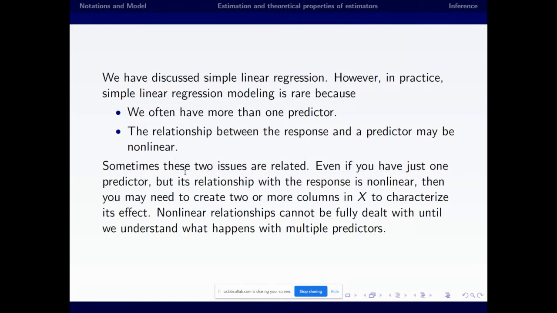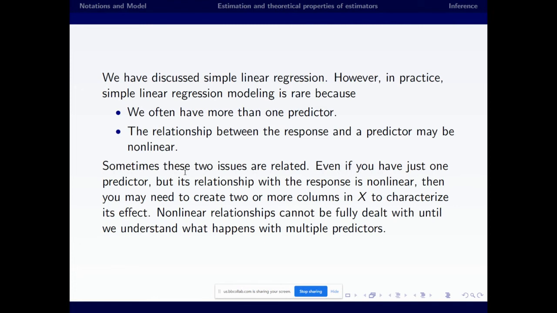For example, if you want to model the association between the GPA and your predictors, you can think about many possible predictors.